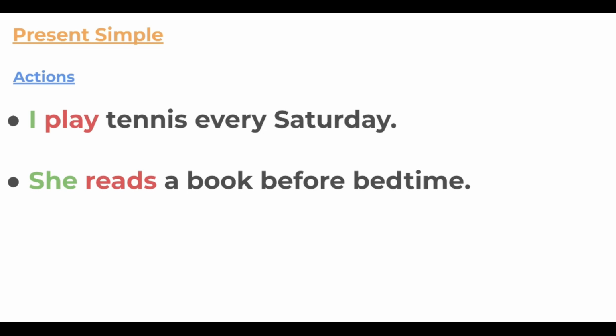Now the verb has an S on the end because it's matching the subject. Remember in our subject-verb agreement, the verb always has to match. But nevertheless, it's still the base form of the verb. We haven't changed the tense of the verb or modified it. We've just made it match the subject there. And another: I study after school.